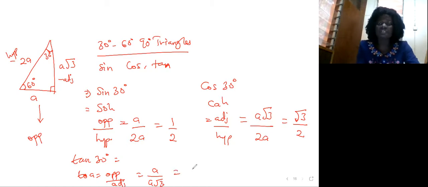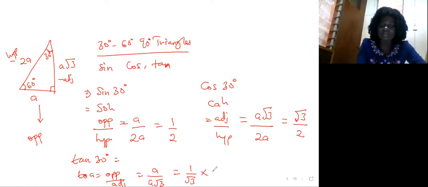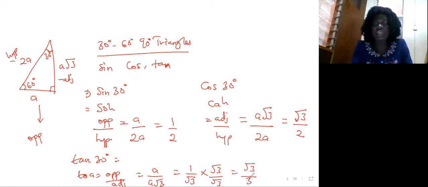Simplifying this, I'm going to get 1 over root 3. You can't leave your answer in this way, so you have to quickly rationalize this. You multiply both up and down by root 3. Simplifying this, I'm going to get root 3 over 3. And it confirms our answer for tan 30 degrees. Excellent.